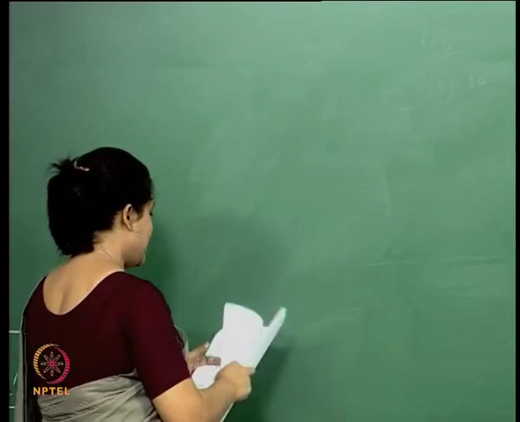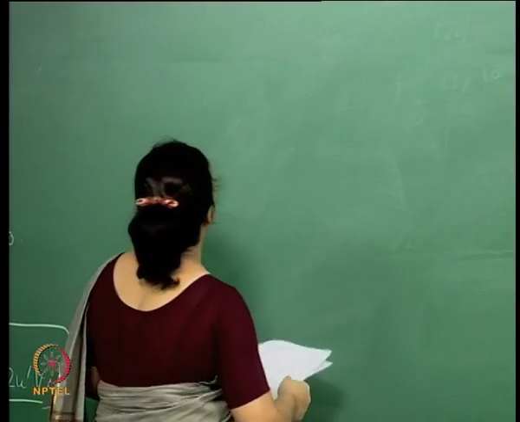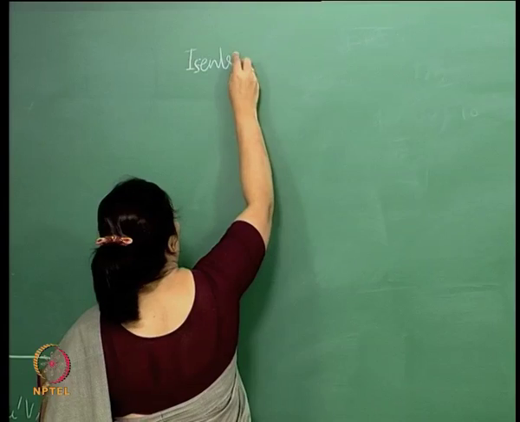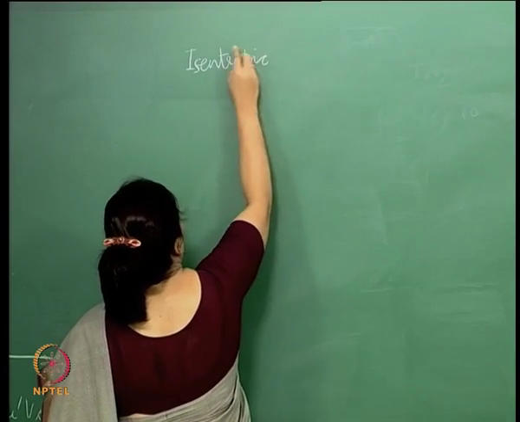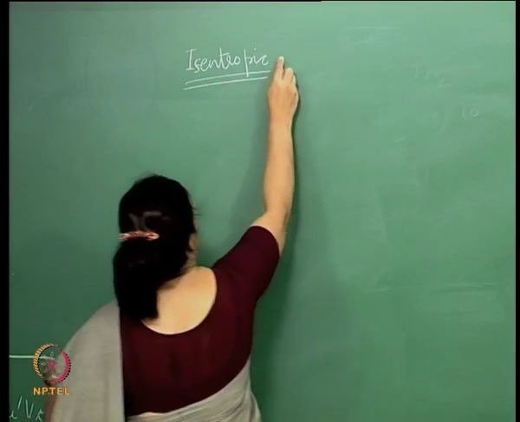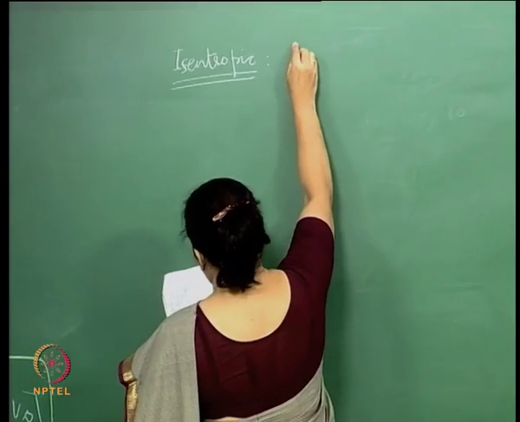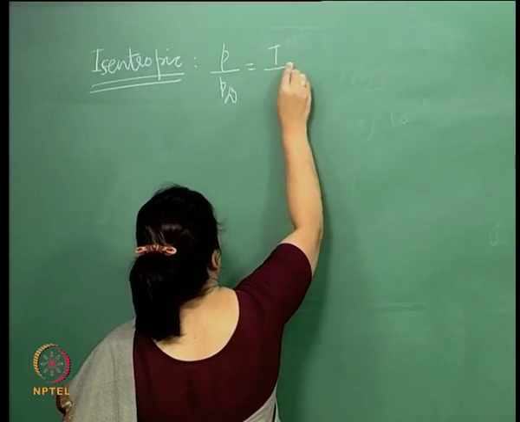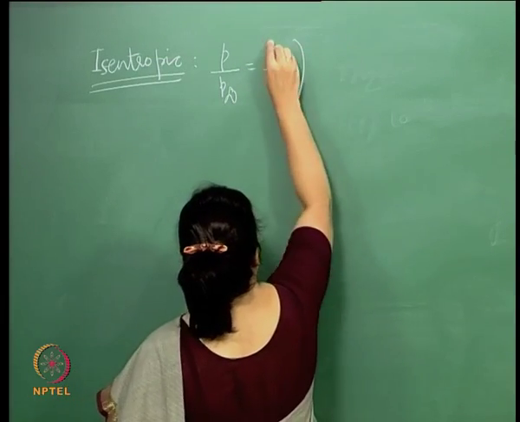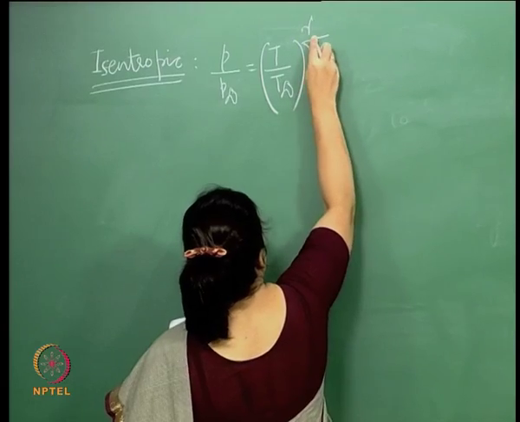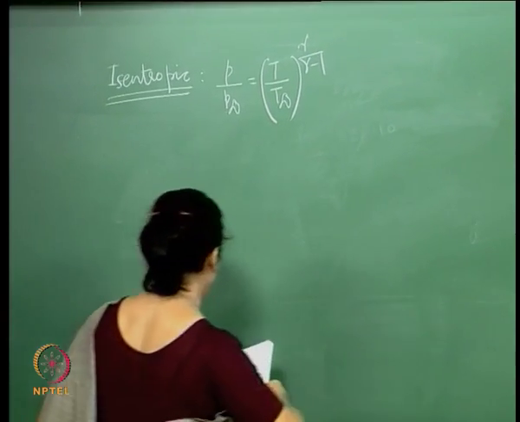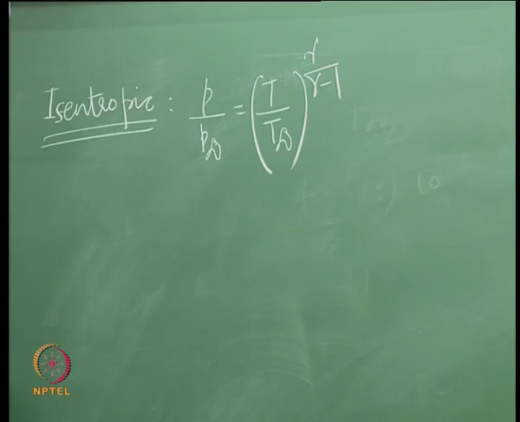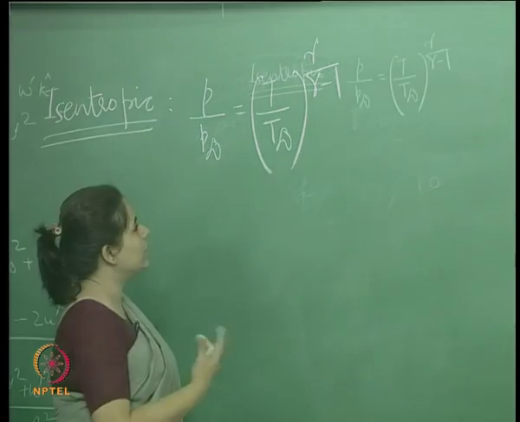Okay, so having done that, what we will now use is the isentropic relationship. So we have from isentropic, this is what we get from isentropy. So we actually have a relationship for P by P infinity, which is related to T by T infinity.